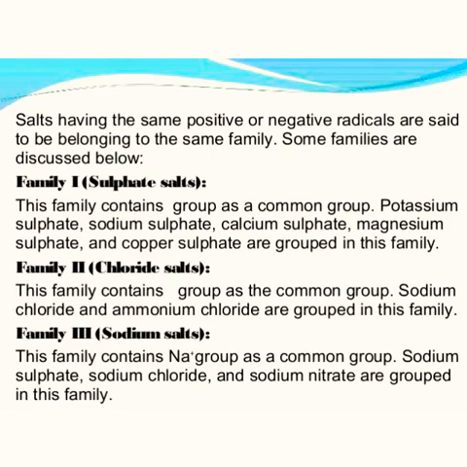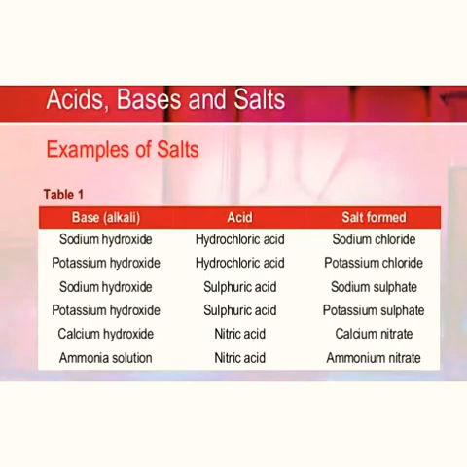Here chloride is a common group seen in this salt, so they come under chloride salt. The third group is sodium salt, that is sodium sulfate, sodium chloride, sodium nitrate are examples for this. Here commonly sodium is coming under the same cation group, so they come under the same group of salt, that is sodium salt.